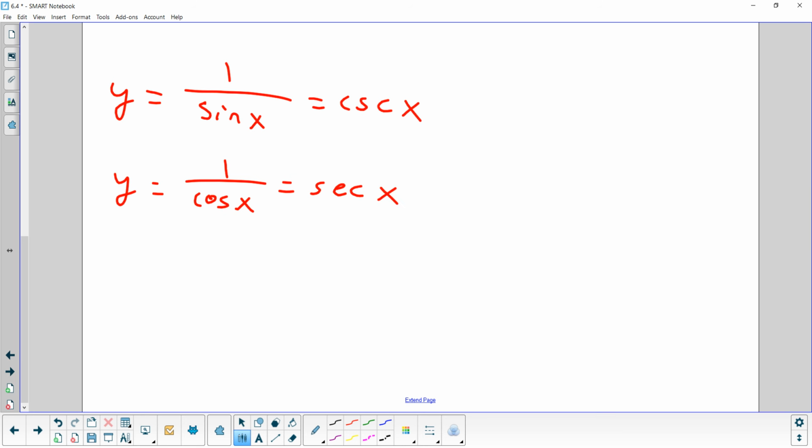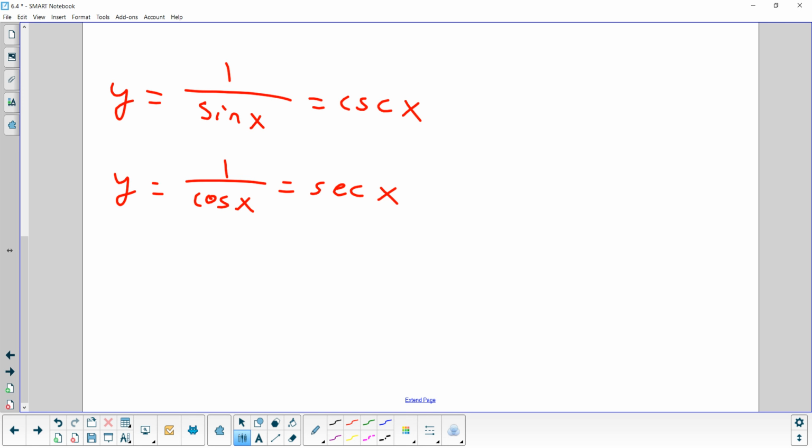Now, do the graphs of sine and cosine have any x-intercepts? Yes, so what does that mean? What's going to happen here if the graphs of sine and cosine have x-intercepts? We're going to have asymptotes, because where you have an intercept, that's where the y value of the function is 0.